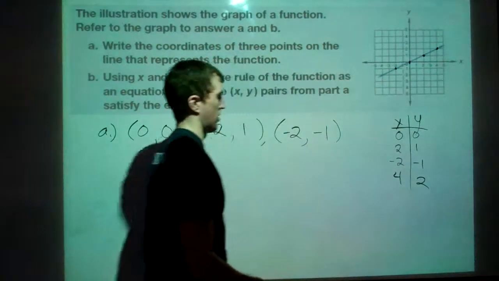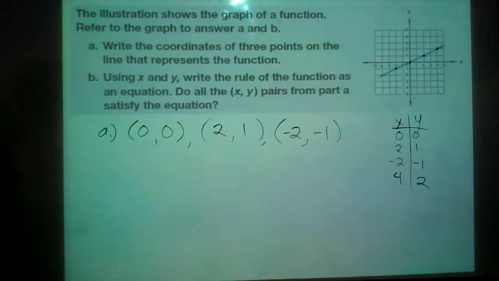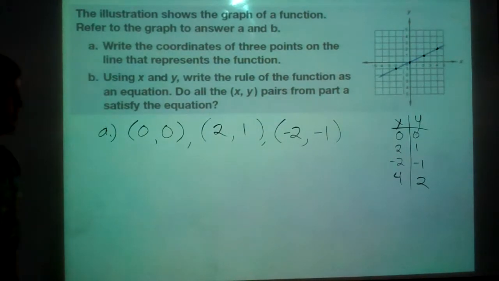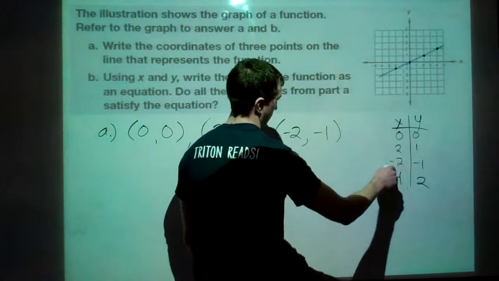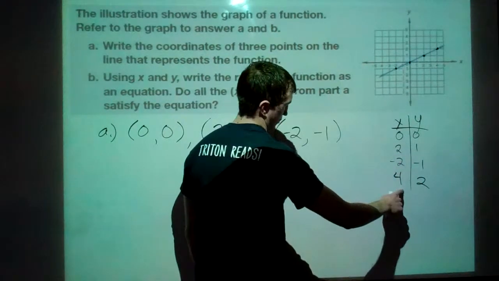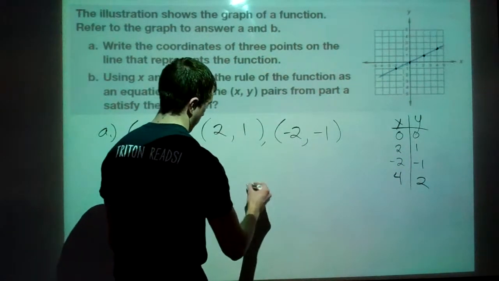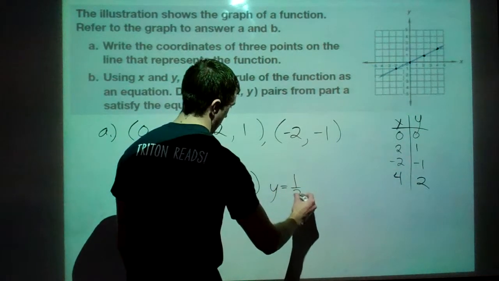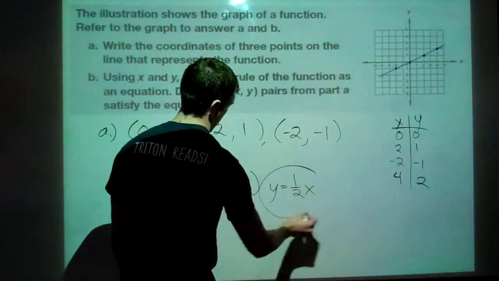Okay, there's another one. Alright. So what does it look like is happening from x to y? Whatever we input, or we put in for x, y appears to be half of whatever the x value is. Half of 2 is 1. Half of negative 2 is negative 1. Half of 4 is 2. So our rule is that y is going to be half of whatever our input is.